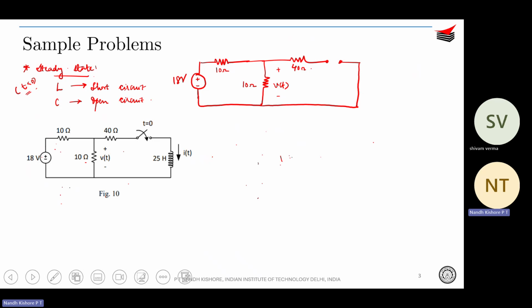Now what is V of t, or I should say V for t less than 0? You understand that it is just a simple resistive divider. So V of t is basically 18 volts getting split across the 10 ohm and 10 ohm.